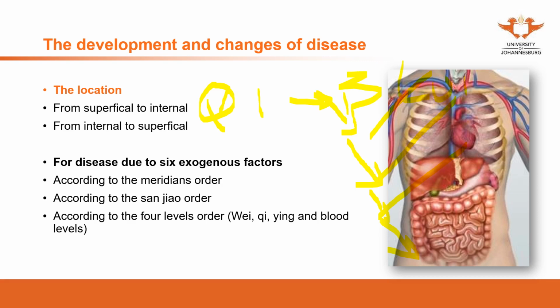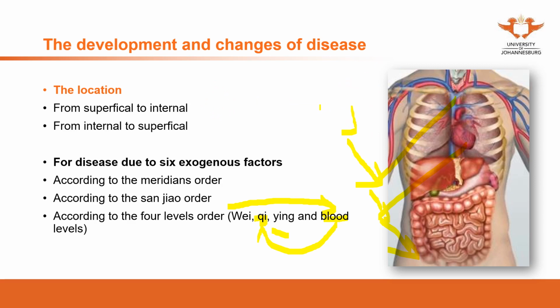So if the disease happens from the qi to the blood, which is from this flow, qi, blood, the disease becomes worse. If the disease develops from blood to qi, you can see that the disease is recovering.